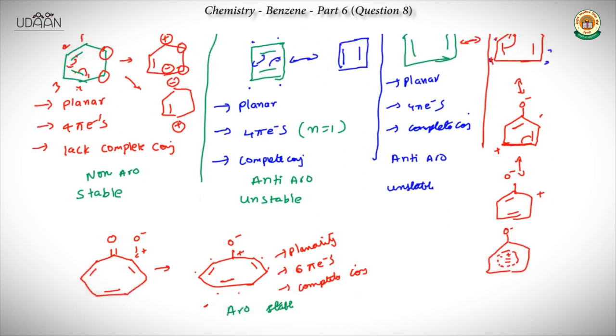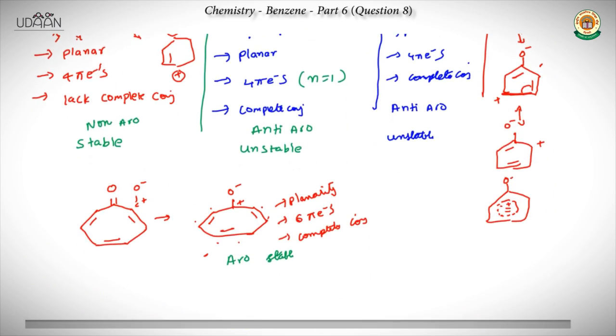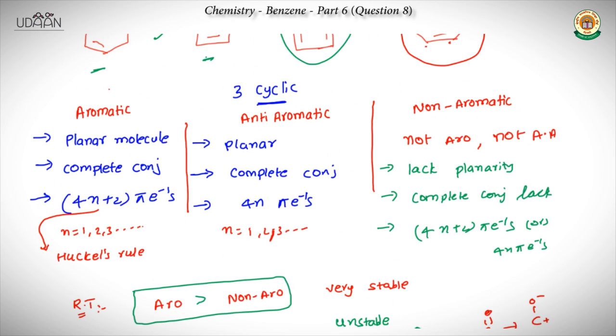Now let's quickly recap what we have learned here. We have learned about aromatic compounds, non-aromatic compounds, anti-aromatic compounds. Also note that these three are only for cyclic compounds. We have learned the conditions for it: aromatic compounds have 4n plus 2 pi electrons, anti-aromatic have 4n pi electrons, non-aromatic compounds are neither aromatic nor anti-aromatic.